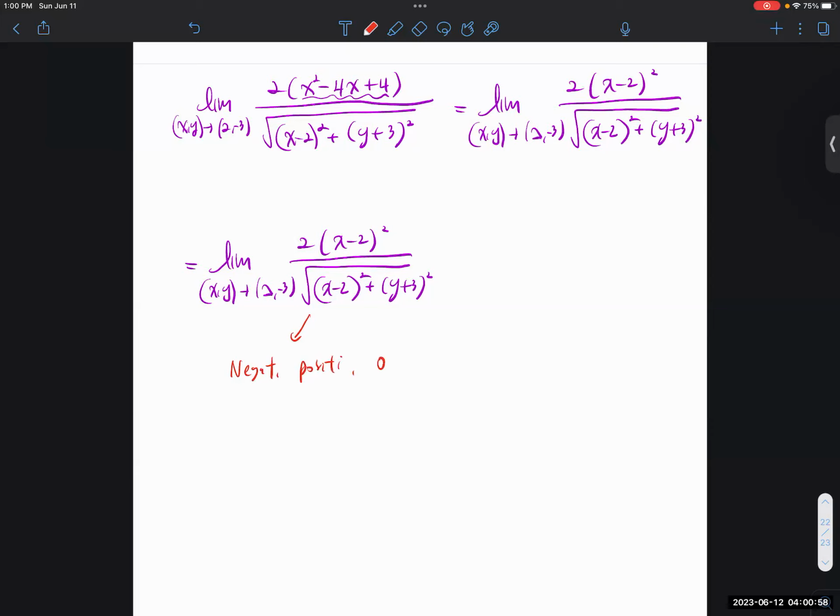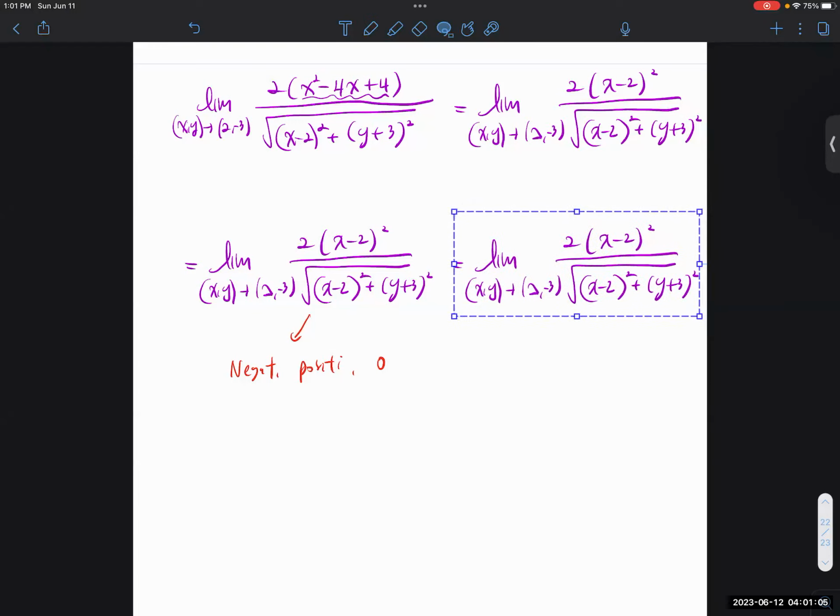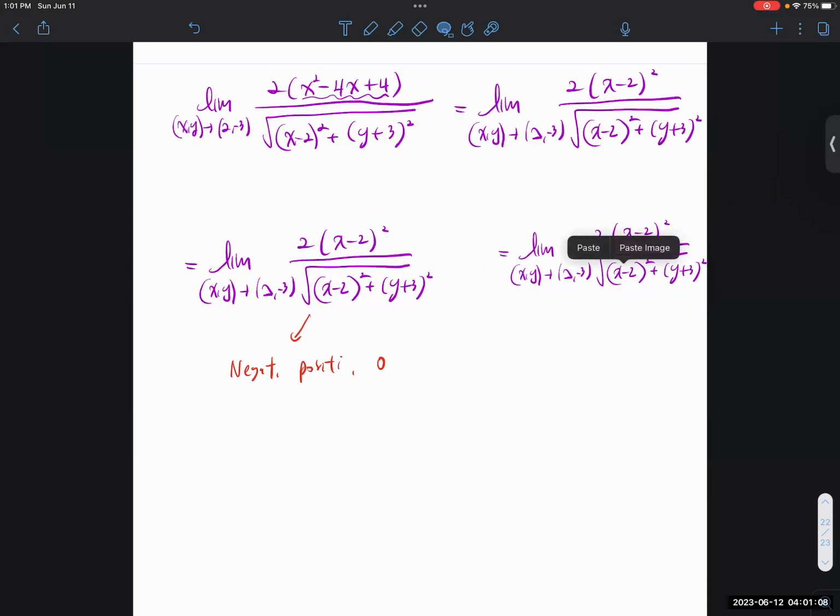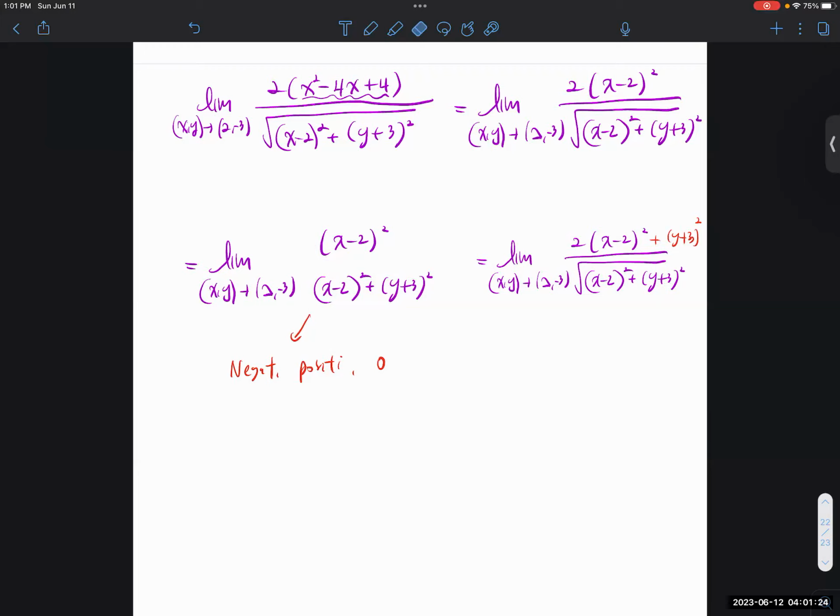So what I'm going to do is compare this one with a similar one. Let me copy, same thing, and here let me just add (y plus 3) to the second power. We know that this is the regular fraction, but I'm making another fraction, just adding the similar one, (y plus 3) to the second power.